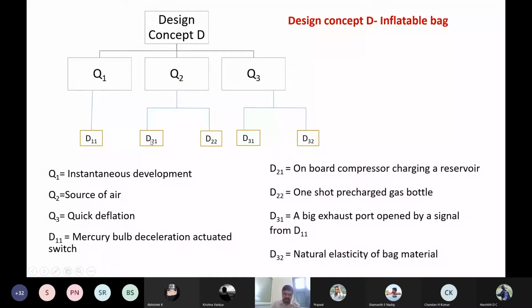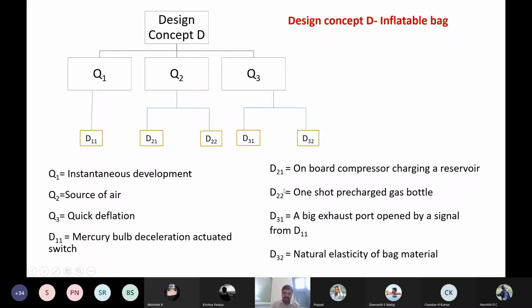Next, source of air. There are two possibilities: an onboard compressor charging a reservoir. Now, if you make use of a compressor, it will become complicated. So modern airbag systems work on a chemical reaction between gases, and they will get expanded.